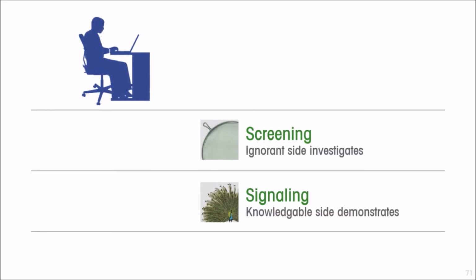But the employer doesn't have that information. The employer is unaware of the actual quality of what they might be getting. That's why we have interviews. That is, potential employers are interviewing to screen and to try to get an idea of the quality of the applicant.